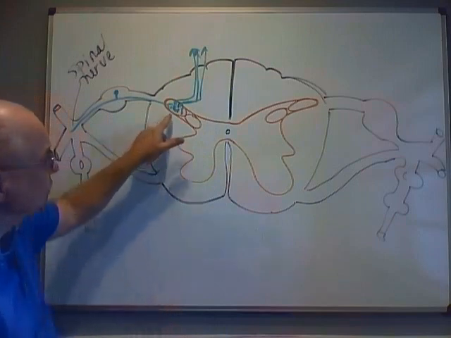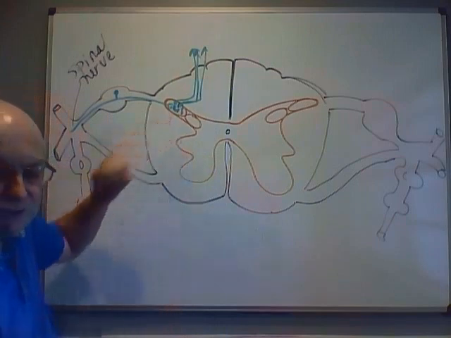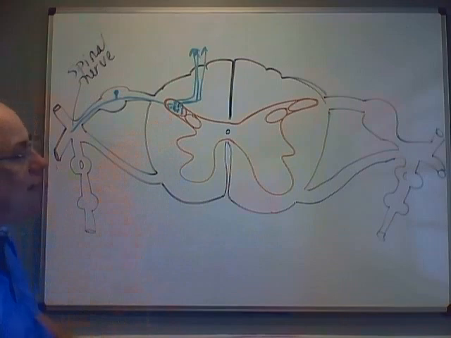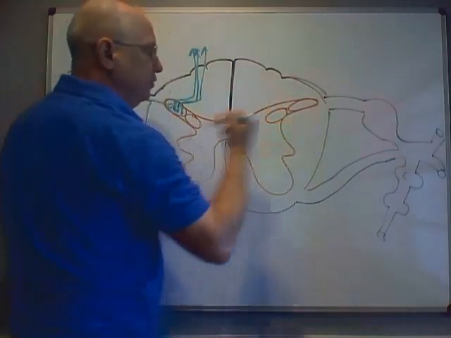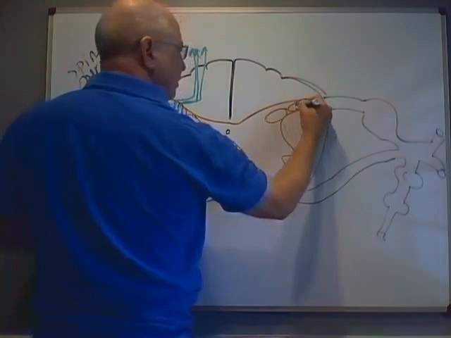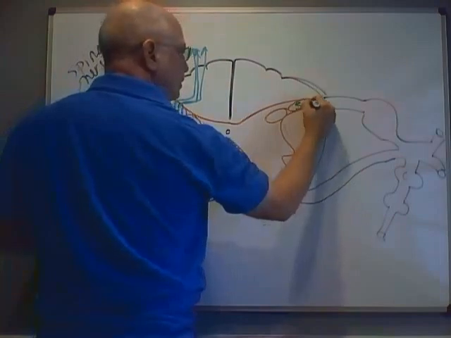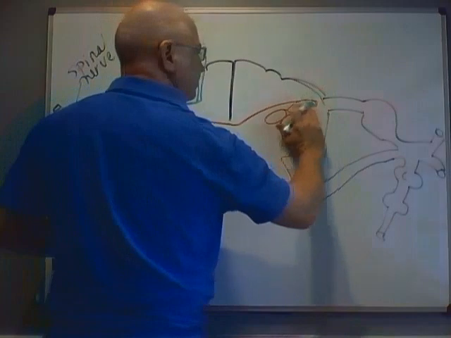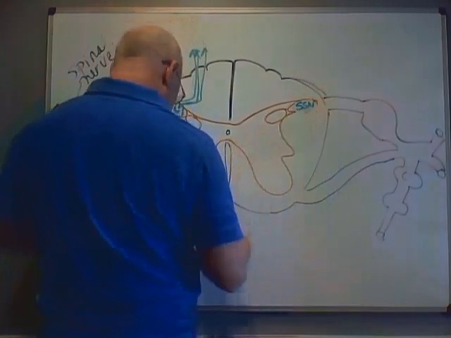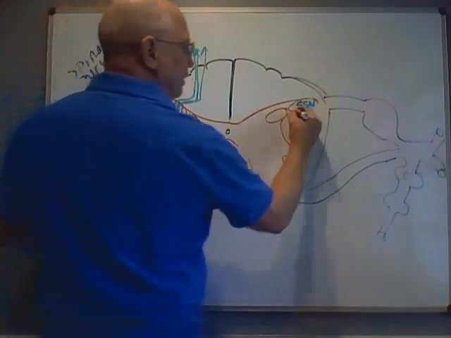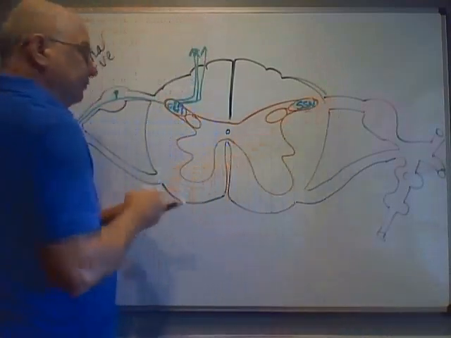Now, because this nucleus here is receiving sensory information, it turns out that the one that is further out at the tips of the posterior gray horn is called the somatic sensory nucleus. I didn't write that very well, did I? This is called the somatic sensory nucleus. Okay, I put SSN up here, and I'm going to explain this.